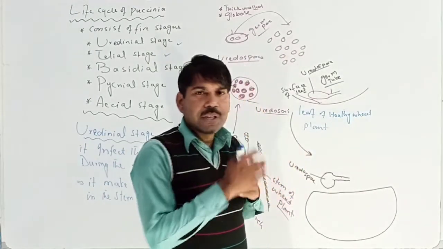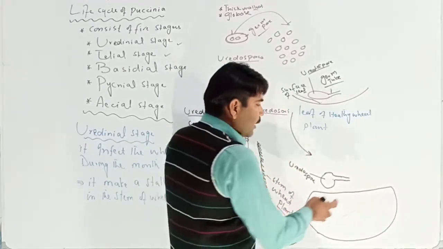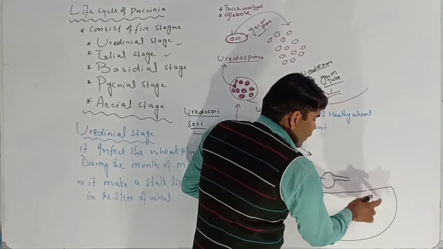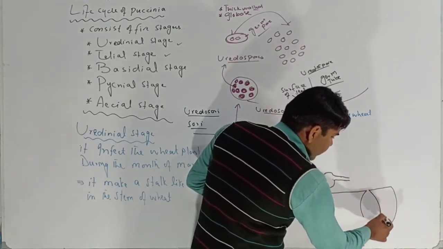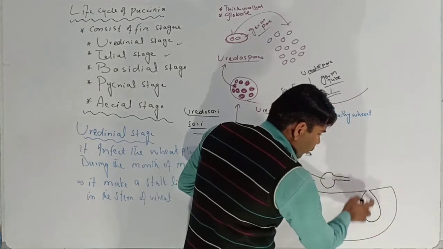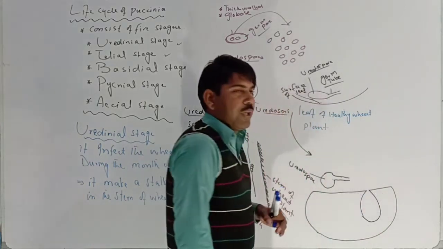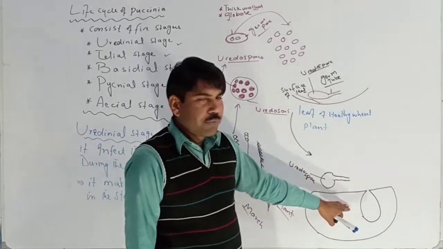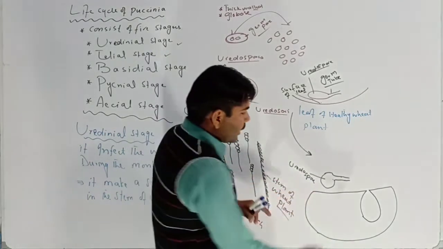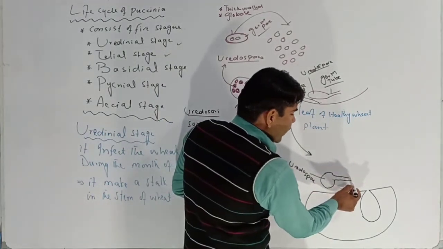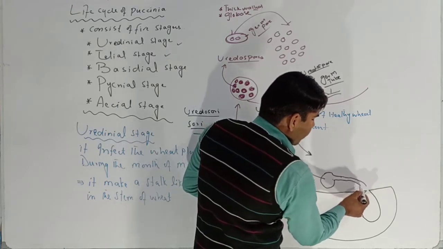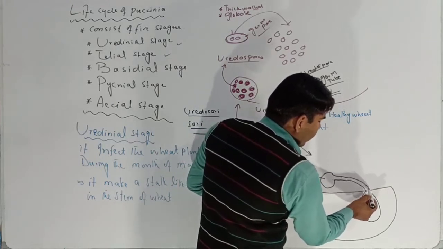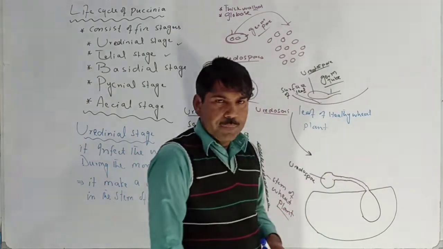But one thing very important to understand is that the leaf surface also has stomata. For example, this is the body of a stoma present in the leaf of the wheat plant. And this germ tube will increase in length up to the tip of the stoma.